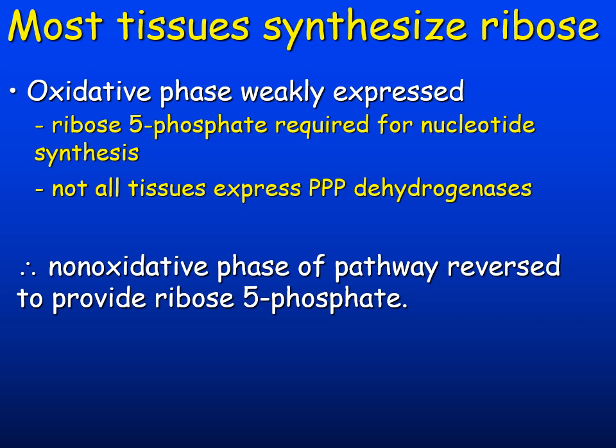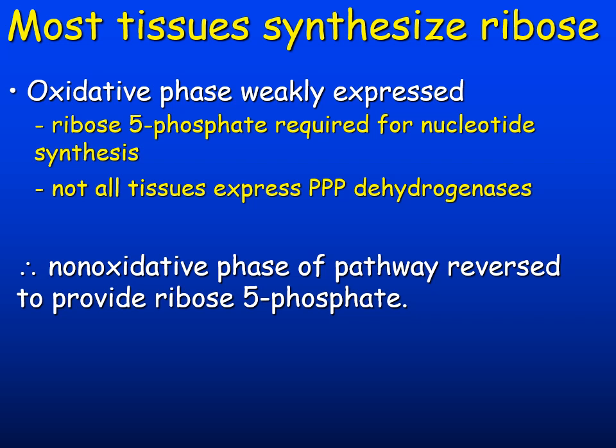But not all tissues require heaps of reducing power, and therefore not all tissues need lots of NADPH. And yet, most tissues still need ribose because it's acting as the backbone for DNA and RNA. So in those tissues that don't need a lot of reducing power, the oxidative phase of the pentose phosphate pathway through those dehydrogenation reactions is only weakly expressed.